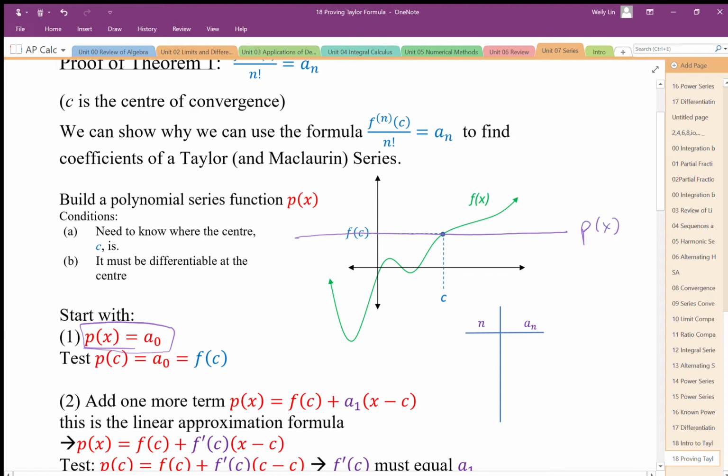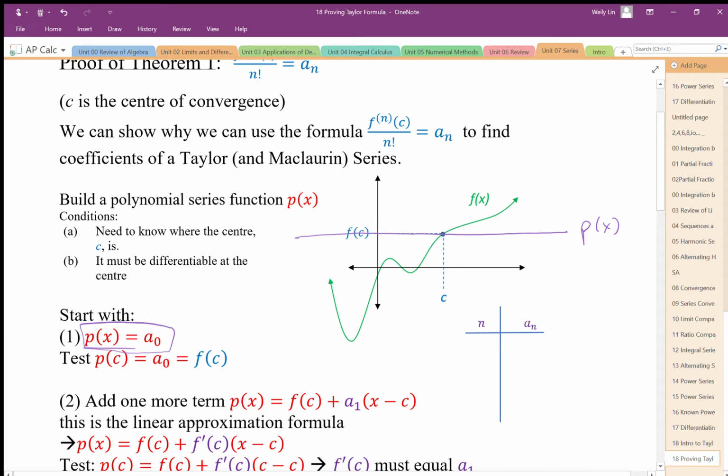Obviously, as an approximation for the green function, that's not great. But we can verify that it actually works. We plug in c, the center, and we get a0, which is the same as f of c.